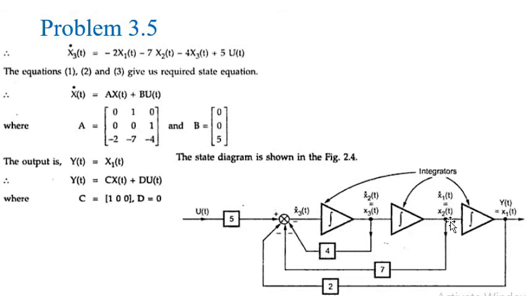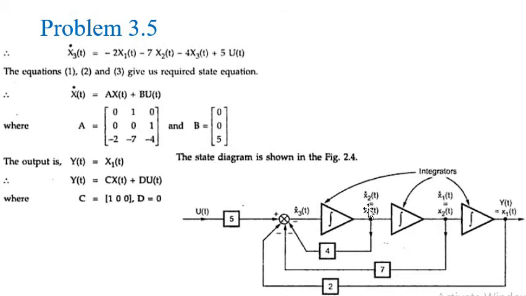So again, if you are giving an integrator, you will be getting the state variable x1 of t, which is our actual output. So the output is obtained here as x1 of t. Now the first differential equation was x1 dot of t, which was equal to x2 of t, which has been obtained here.